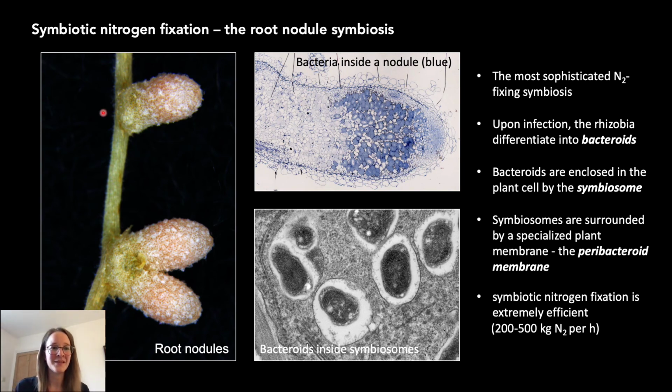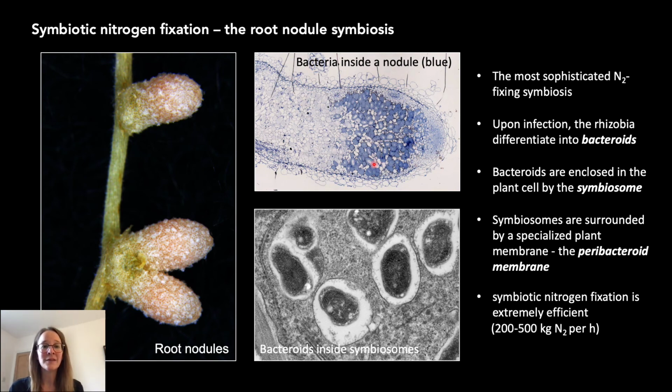So here again you can see these root nodules, and when you cut these open you can actually stain the bacteria inside these nodules. Here they're stained in blue, and you can see them, these rhizobia now live in these nodules, and they differentiate into bacteroids.